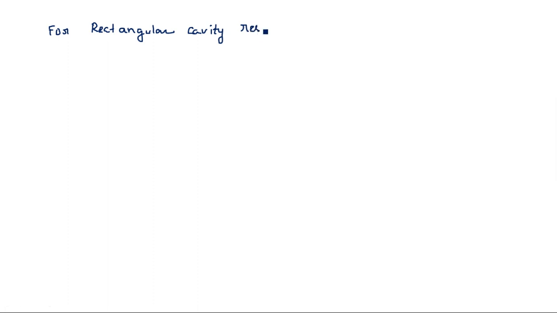Why I am specifically saying rectangular cavity resonator is that we need to bring in the concepts related to the rectangular cavity resonator. If you get confused at this point, you will have a lot of confusion when going into the derivation. The circular cavity resonator also has a resonant frequency calculation, but that is different.